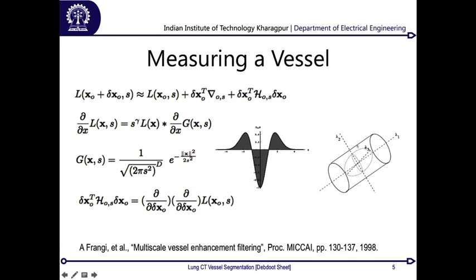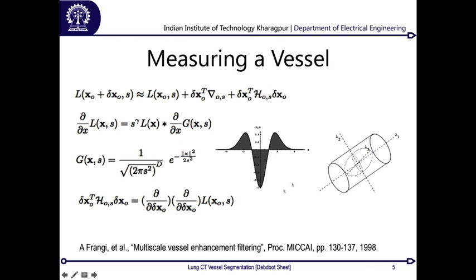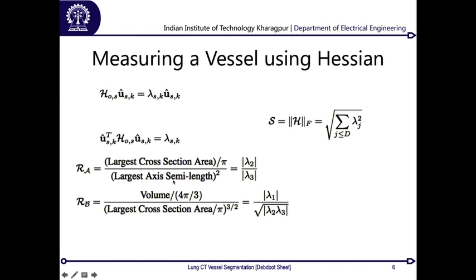Now I take one small volume over there, in which I will be getting a piecewise cylinder. On this piecewise cylinder, if I take a derivative along the length of this cylinder, then I will get this sort of a pattern for my second order derivative, which is very similar to your actual pattern of a Laplacian of Gaussian.